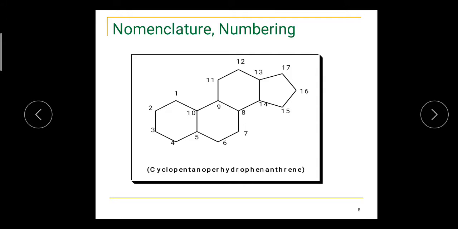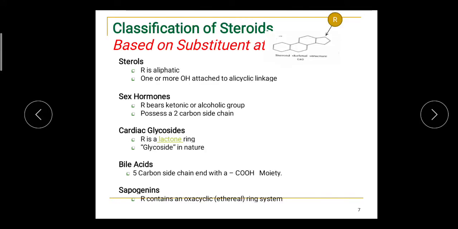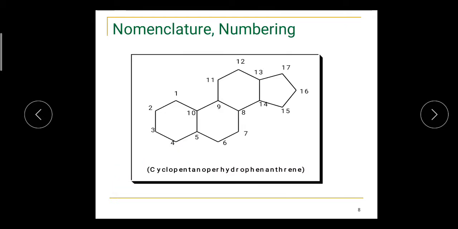Depending upon the side chain present at the 17th position, there are different types like this: steroid, sex hormones, cardiac glycoside, bile acid, sapogenins. So this is the nomenclature and numbering of the steroidal ring.